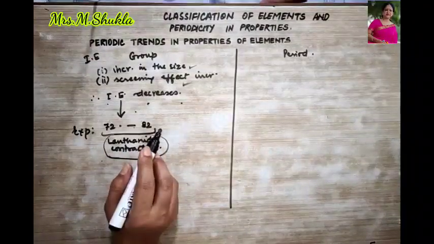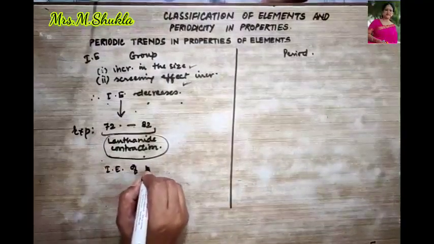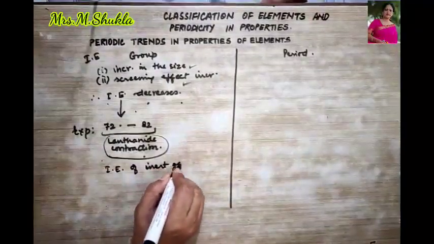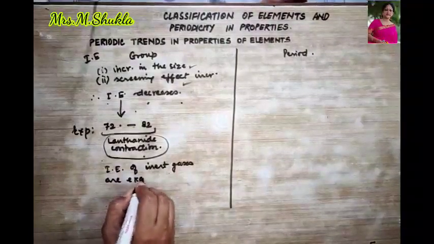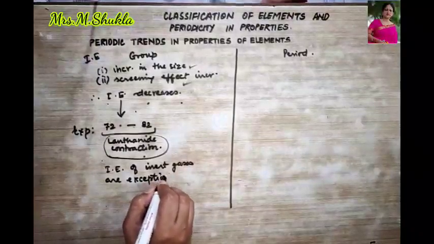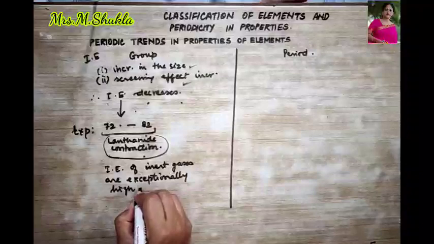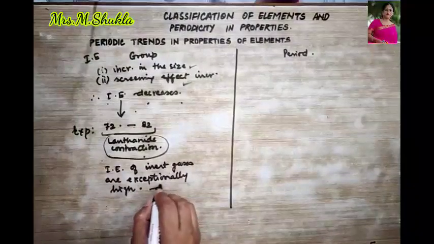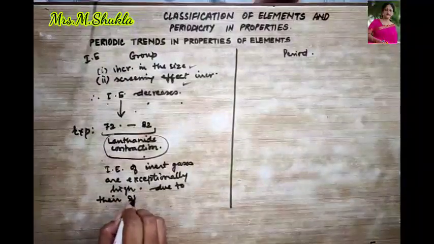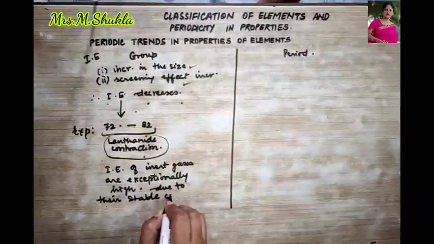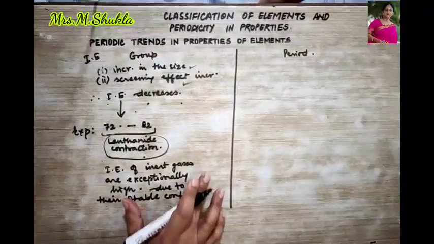And the ionization enthalpies of inert gases are always exceptionally high. Why? Because they have a stable configuration, right? They have fully filled orbitals.